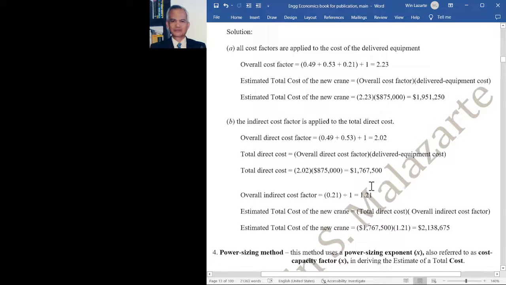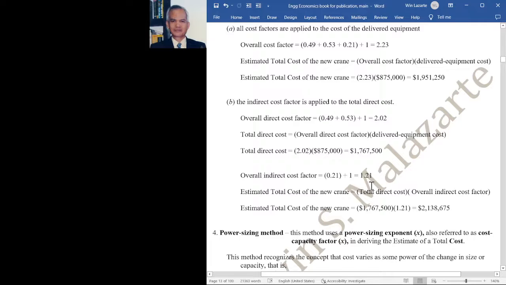Okay, now the instruction is to apply the indirect cost factor to the total direct cost, meaning first we need to calculate the overall indirect cost factor. There's only one indirect cost factor, so add 1 to that and you have this overall indirect cost factor of 1.21.